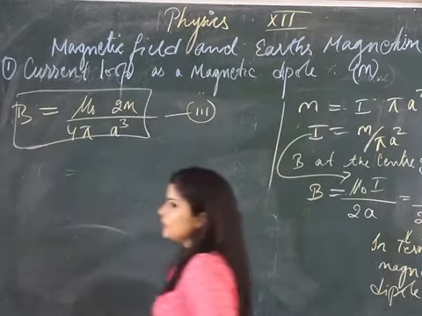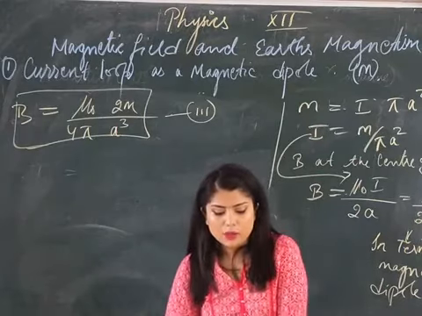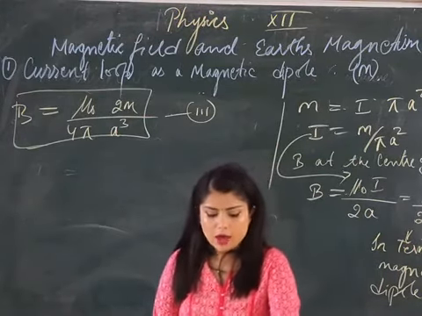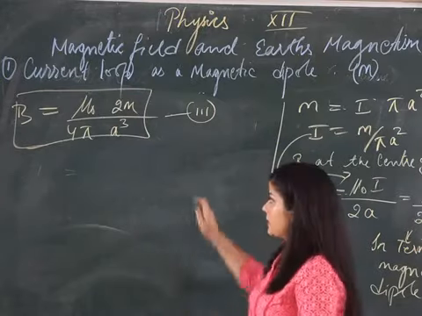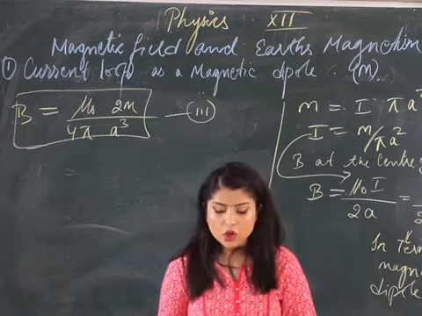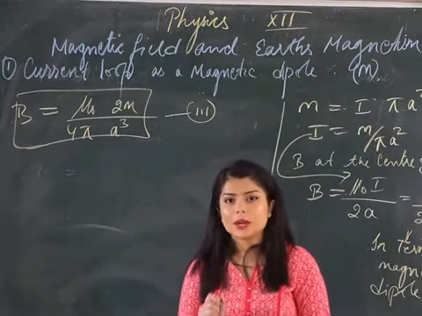Actually, we haven't derived the equation of magnetic field for a bar magnet. That is the next topic, which I will do in the next class. So this equation is similar to the equation of magnetic field for a short bar magnet at a point on its axis. Just write it down.